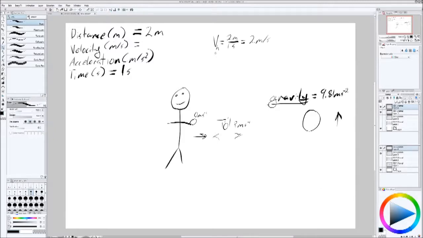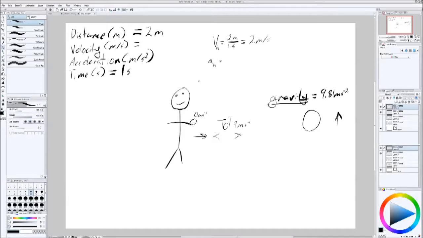Is there anything at all that would change the acceleration in the horizontal direction? Now this is where you get to a wee little trick that physics tends to do, which is basically that we don't worry about friction a lot of the time because it makes the maths difficult.